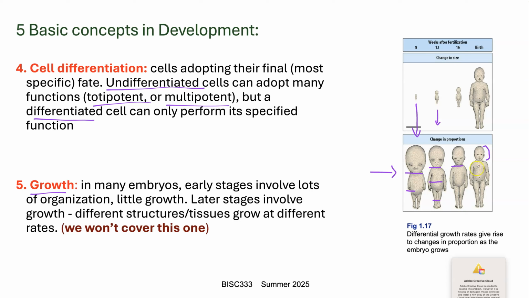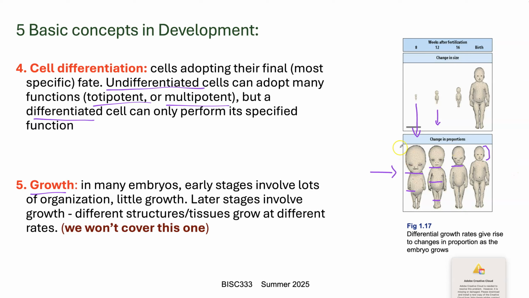Think about babies versus adults. Babies and toddlers. One of the reasons why toddlers tend to fall and bump their heads a lot is that they're a little top heavy, right? The head is proportionately larger compared to the body than it is as they grow older. And so their center of gravity changes.